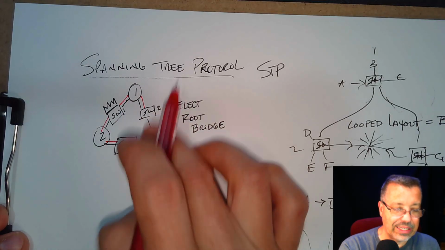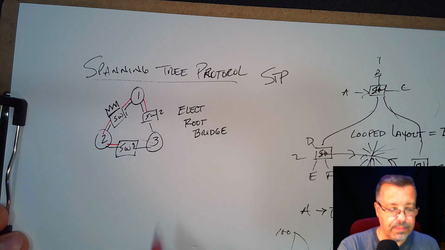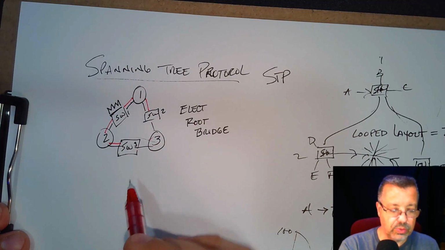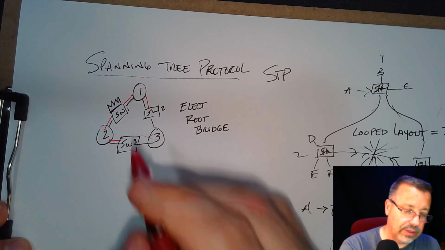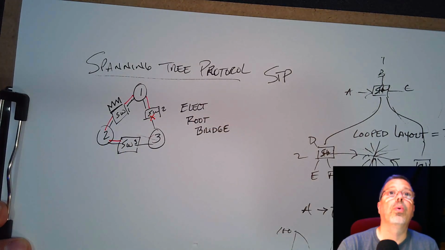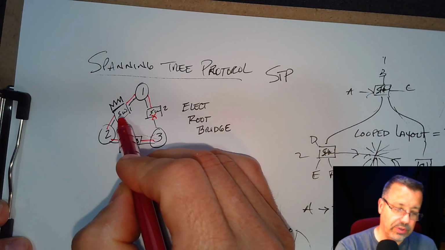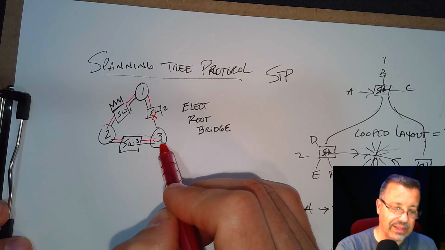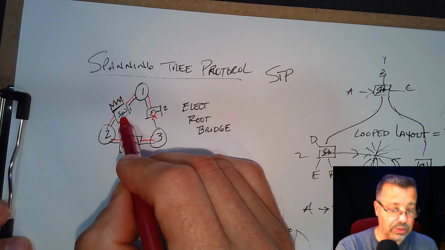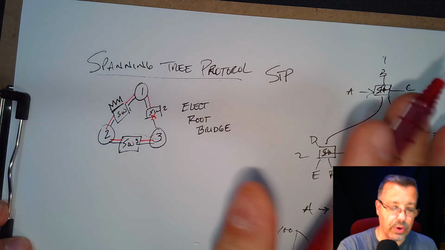We have to get to LAN 3 somehow, but we don't have to get from these two switches. So what will happen is one of these two switches will actually kill a port, and so we'll have from this switch to this LAN to that switch to that LAN, and this switch to that LAN to that switch, and we're done.